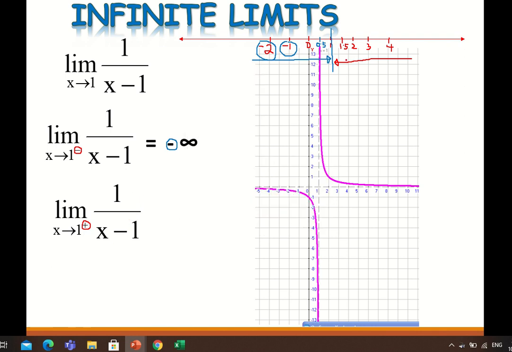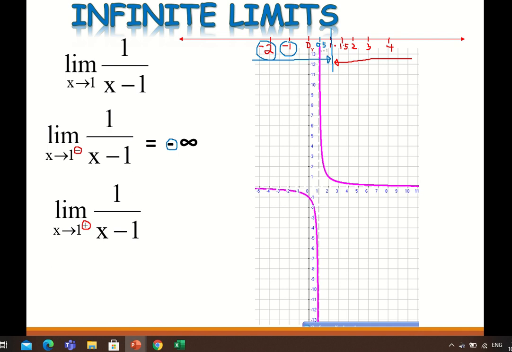When x equals 2, 2 minus 1 is 1, so 1 over 1 is 1. When x equals 1.5, 1.5 minus 1 is 0.5, so 1 divided by 0.5 is equal to 2, right?